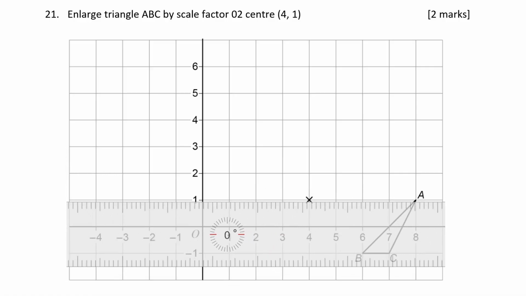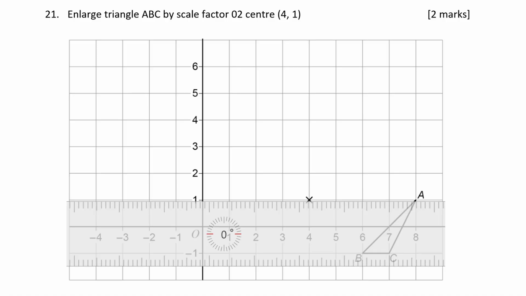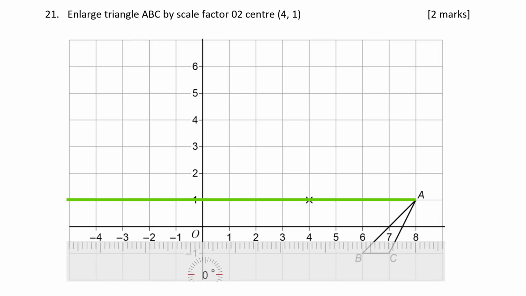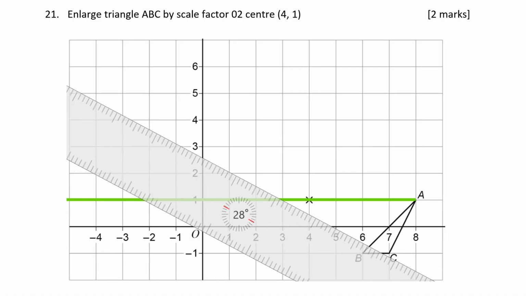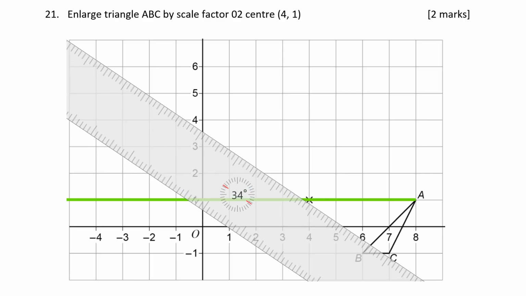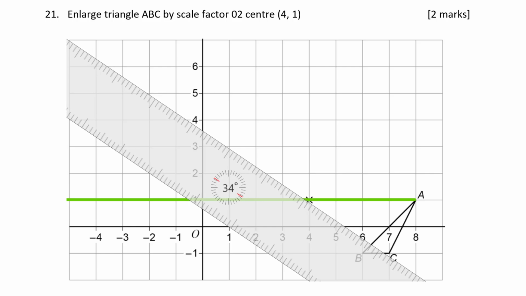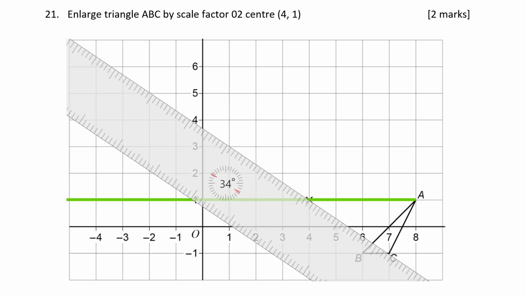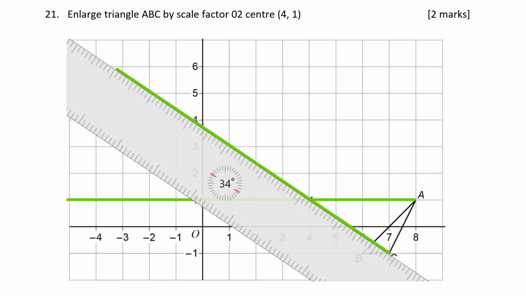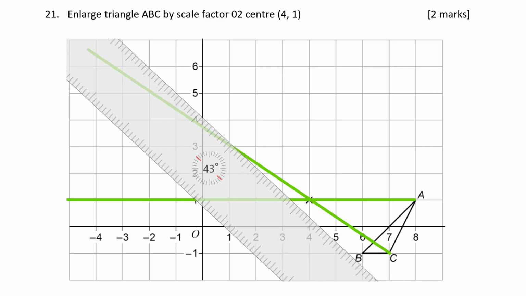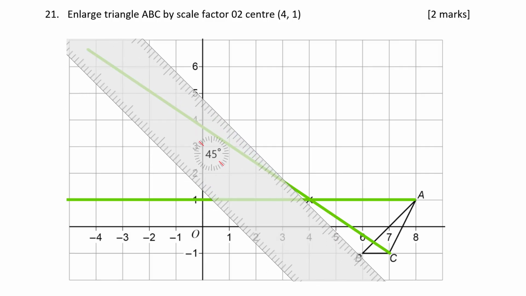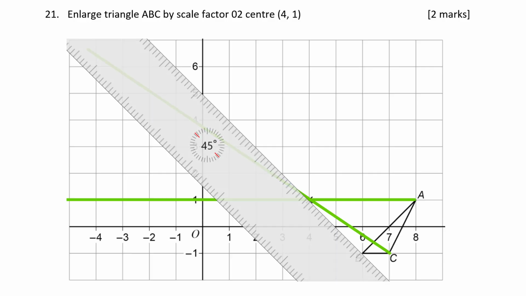Ray lines are lines that pass from each of your points through the centre of enlargement and then out to your image points. So there's my first ray line. That's my next one. Kind of like guidelines. And then finally, one through B and the centre.